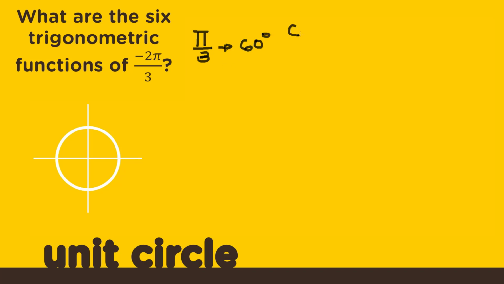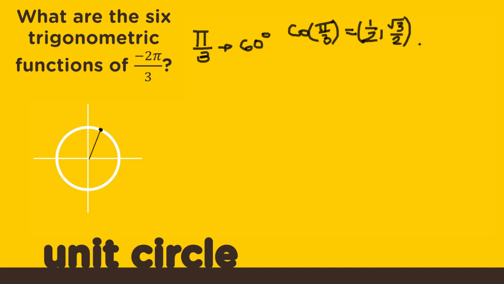And the coordinate of pi over 3 is the combination of x and y values. You would see that x is 1/2, and our y is closer to 1, which is square root of 3 over 2.